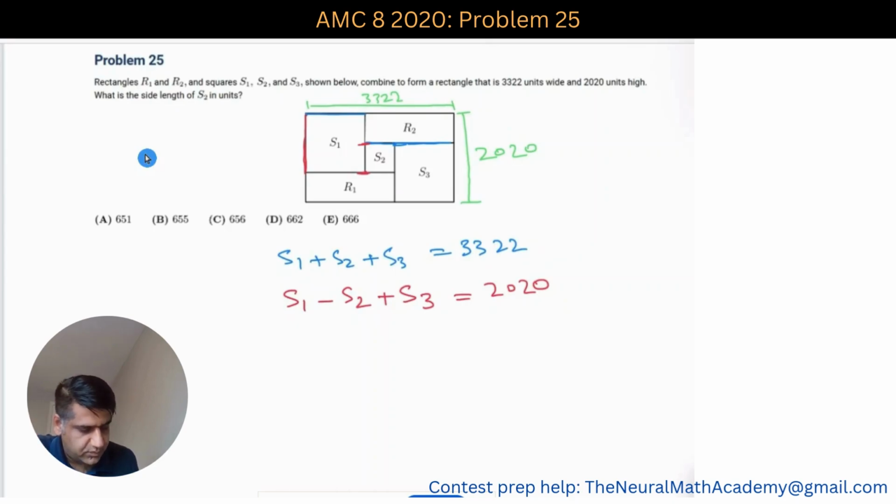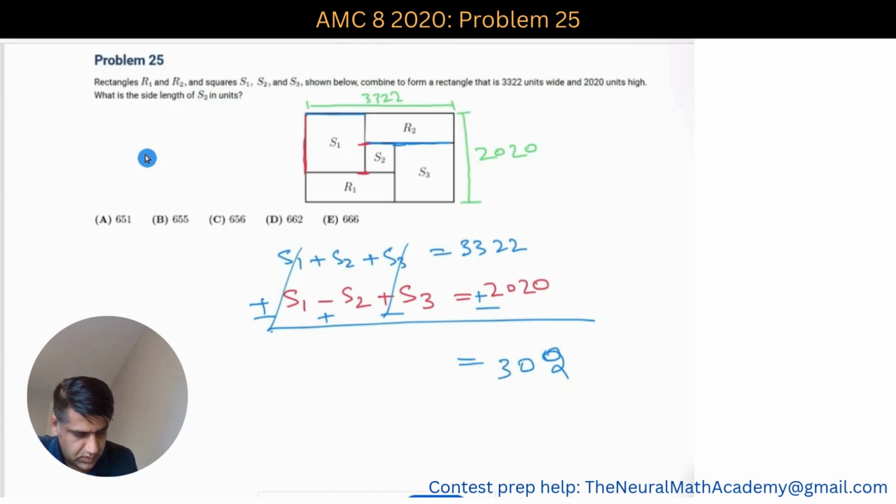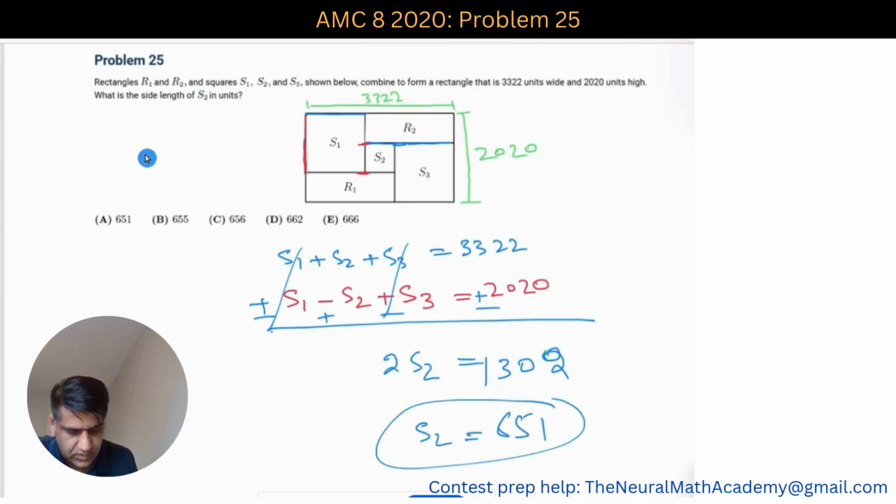So I will just use the substitution method, and if I simply subtract these equations from each other, this cancels out, this cancels out, and I will be left here with 2031 and 2s2. And if I divide both sides by 2, I can get 651. So that is the answer.